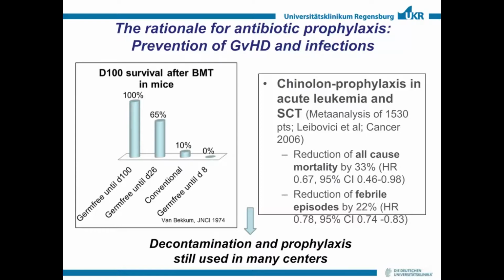On the other hand, we know that antibiotic prophylaxis in acute leukemia and stem cell transplant patients has an impact on all-cause mortality and a reduction of febrile episodes. So the rationale was prevention of GVHD and infections for prophylaxis.